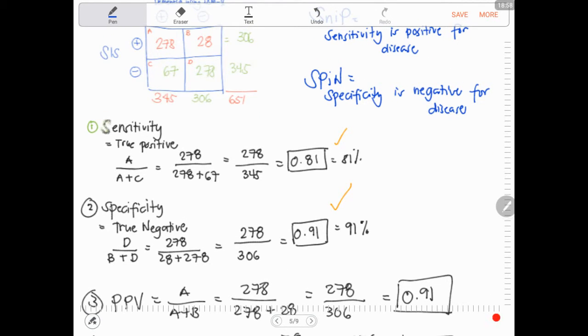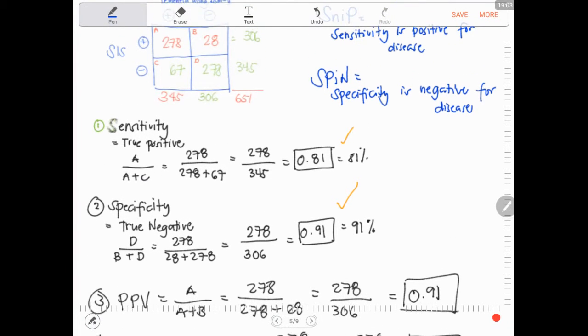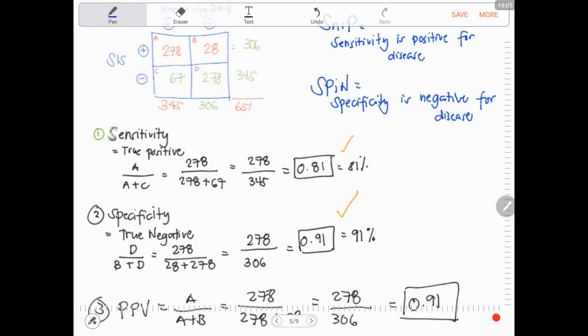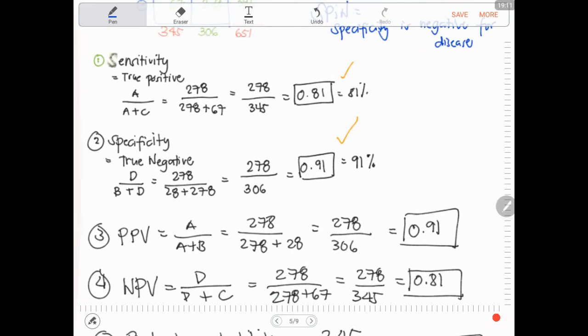Okay. Yan ang malala ko. Alright. So, after you calculate, you really have to label it properly para hindi po kayo mawawala. So, yan. We have 81% tsaka 91% na sensitivity and specificity for SSE.